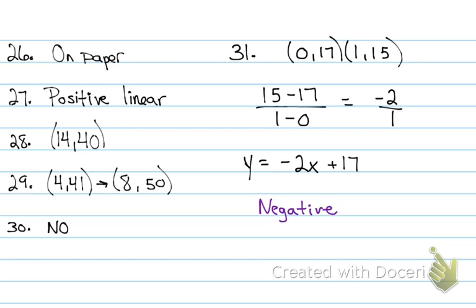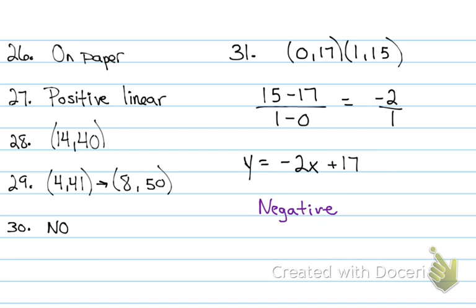All right, how can I interpret my y-intercept? When the line crosses the y-axis, what's my x value? Look at the chart. My x value is 0. You just said that your y-intercept was 17, right? Well, at the value of 17, your x value is 0.